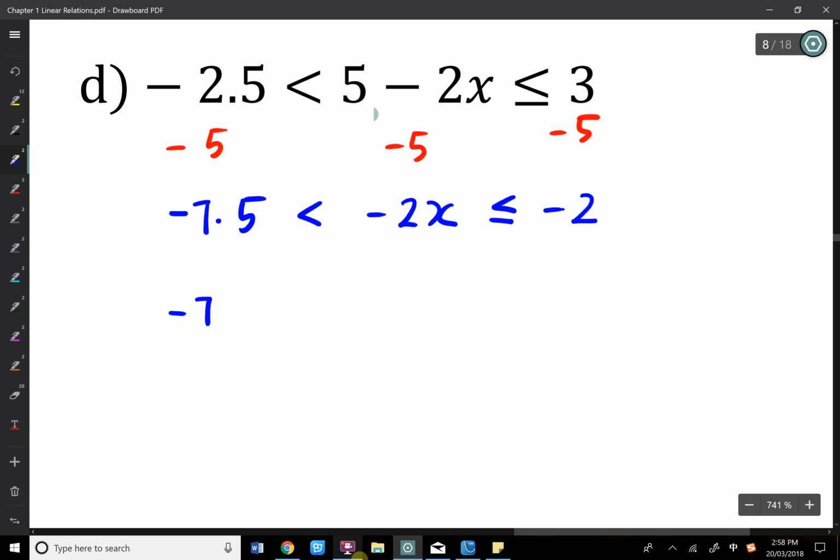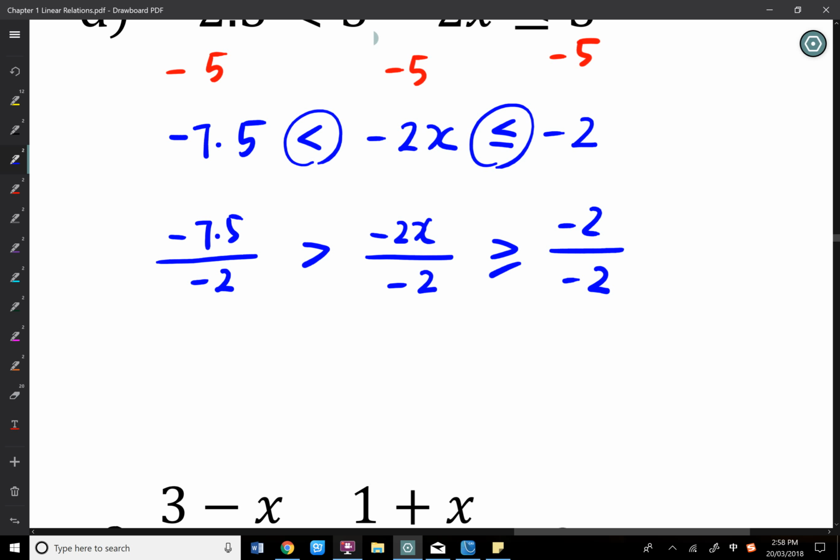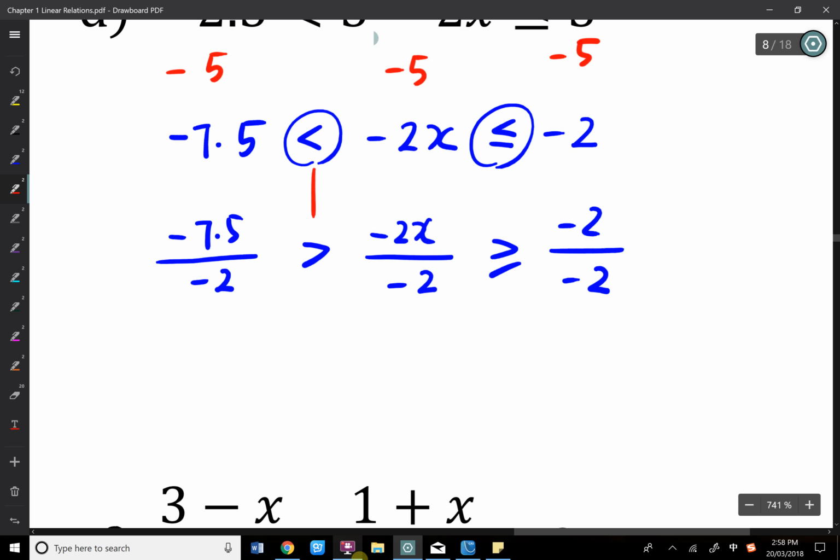So it's negative 7.5 divided by negative 2, minus 2x divided by minus 2, and minus 2 divided by minus 2. This sign becomes greater than, this sign becomes greater than or equal to, because we divide by negative 2 on everything, so the sign needs to flip.